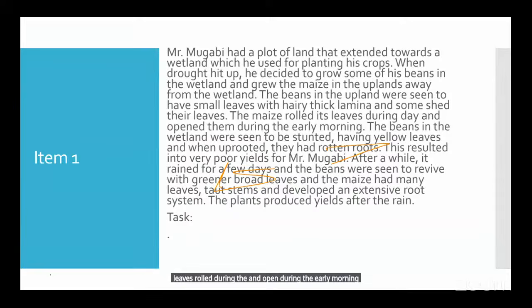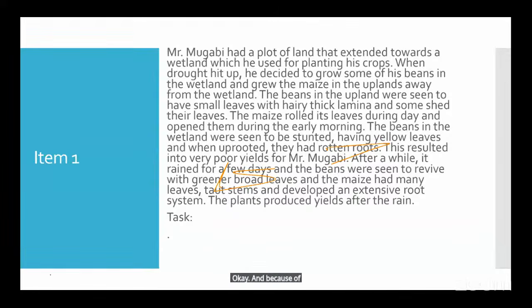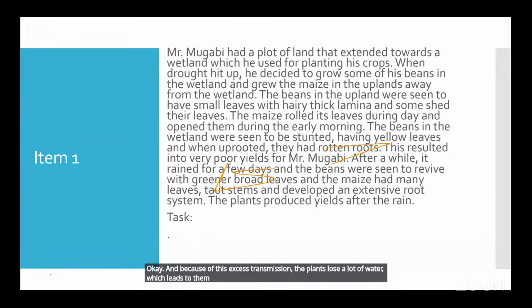So we notice that since there is drought, during the day there are dry conditions or high temperatures. Because of these high temperatures, we have increased or excess transpiration. And because of this excess transpiration, the plants lose a lot of water, which leads to wilting. And during this wilting, there is rolling of the leaves during the day.